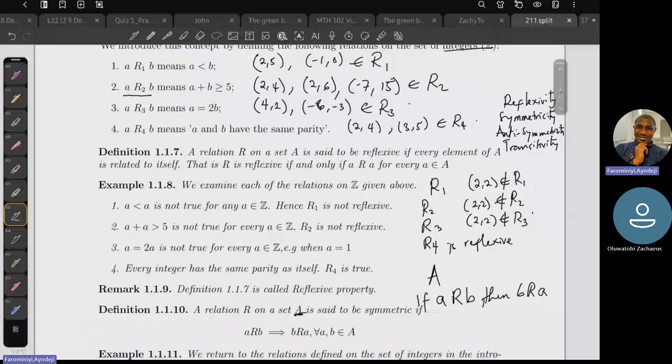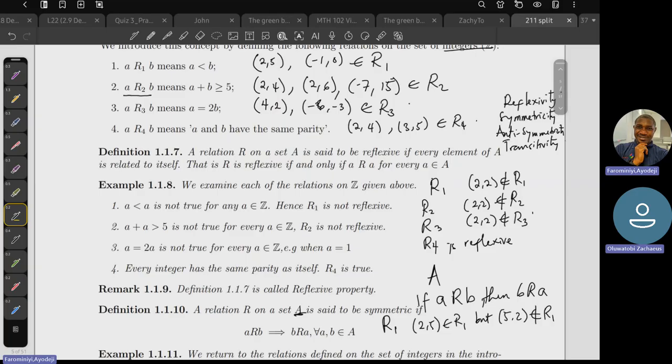So you can use numbers. You can say R1 is not symmetric because (2, 5) is in R1, but (5, 2) is not in R1.